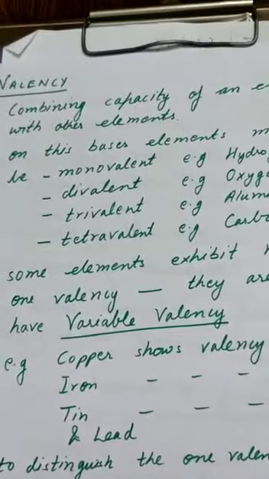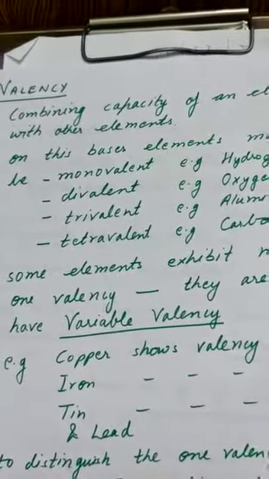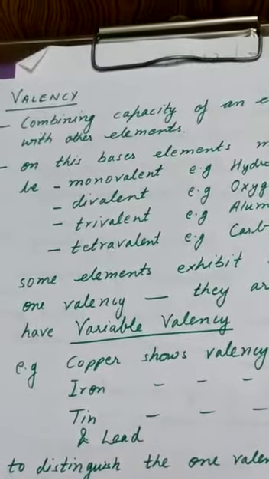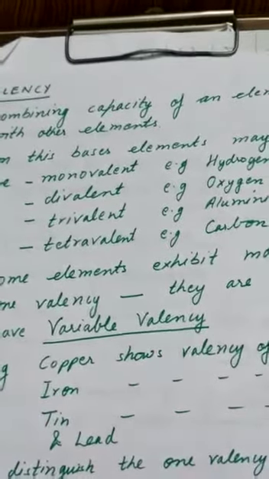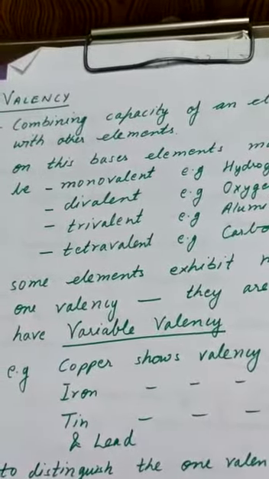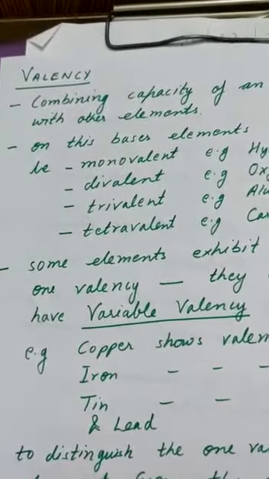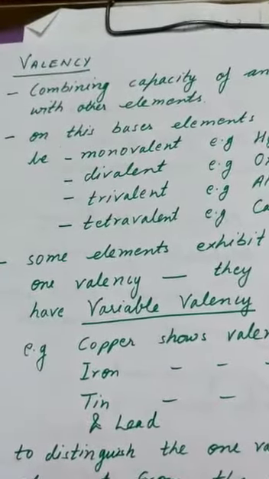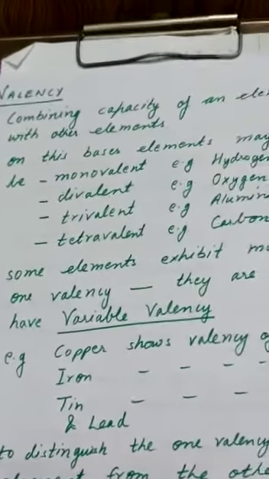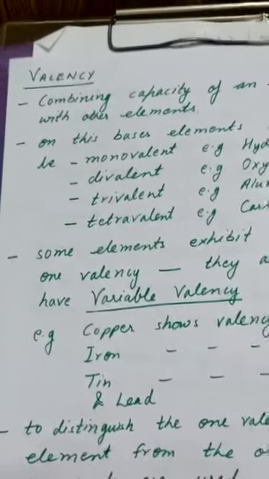That means hydrogen can form only a single bond, oxygen forms two bonds, that is it combines with two atoms of an element, aluminium combines with three elements, then carbon combines with four different elements. So depending on the valency, the elements can be monovalent, divalent, trivalent or tetravalent.